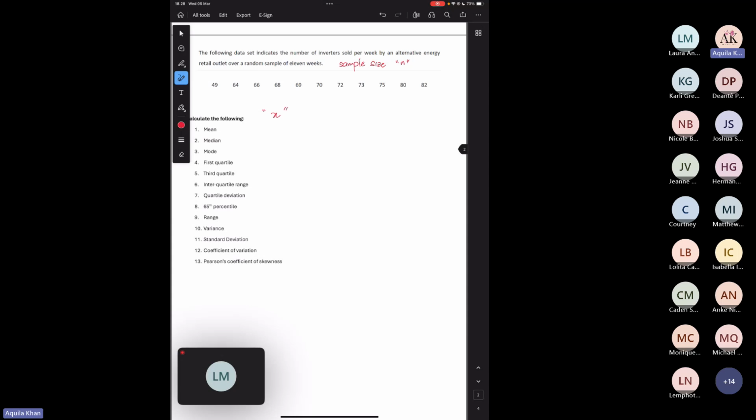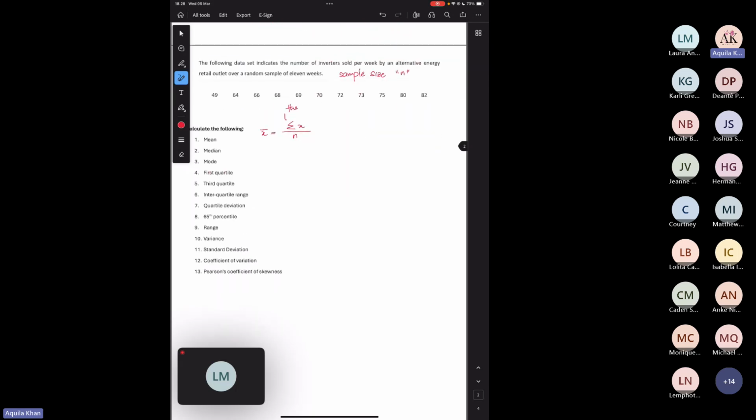When we talk about calculating the mean, it's denoted by the symbol X bar, and it's calculated by summing up all of the X values and dividing by however many there are, which is the letter N, your sample size. This symbol we saw last week means the sum of. So it's the sum of the X values divided by however many values there are.